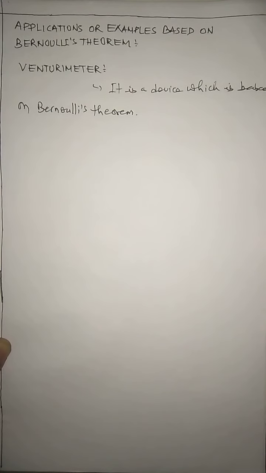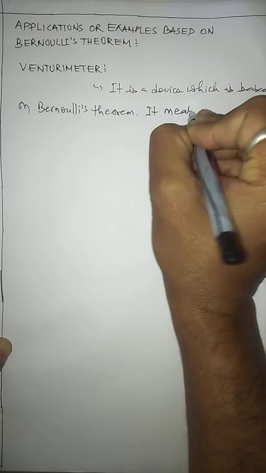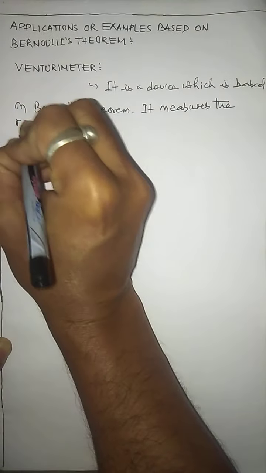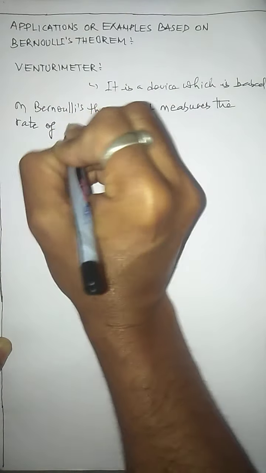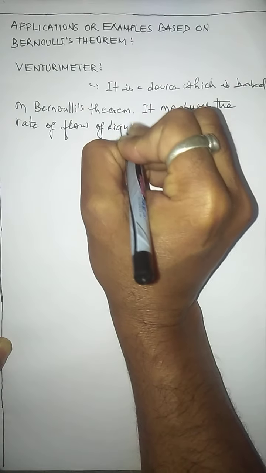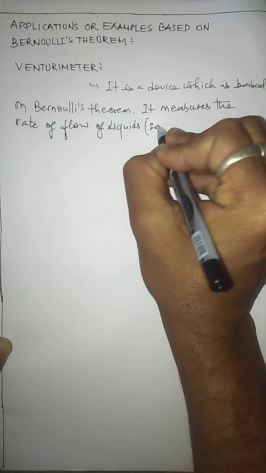That is very important. Now this is a device which measures the rate of flow of liquids through a tube. It measures the rate of flow of liquid through a what? Tube. So I write down: it measures the rate of flow of liquids, any liquids, but for convenience one of the most common liquids whose flow through a pipe can be measured, and we usually take water.